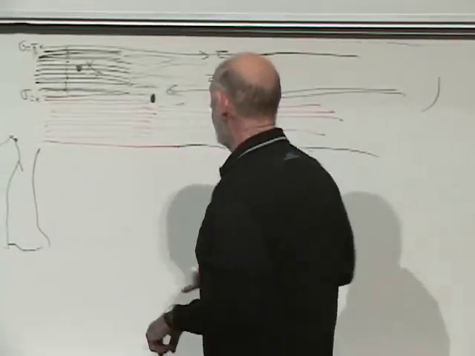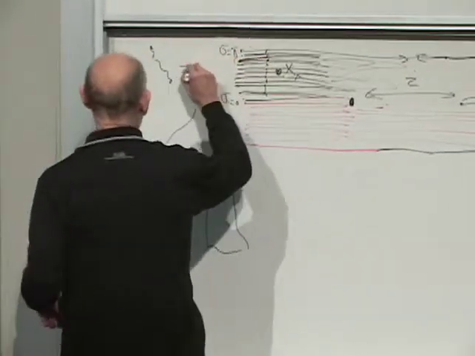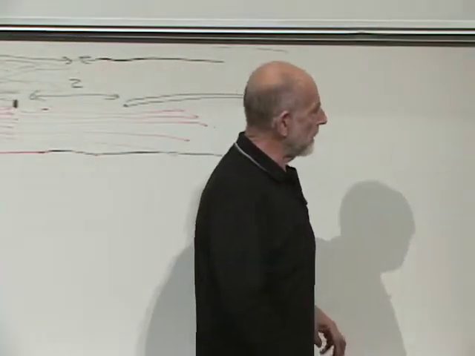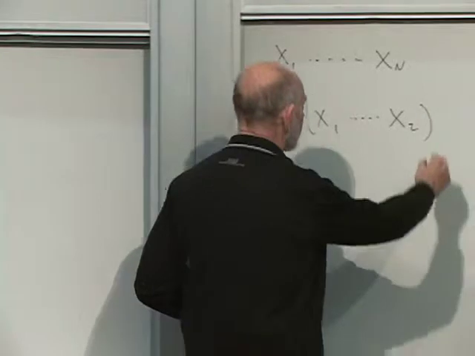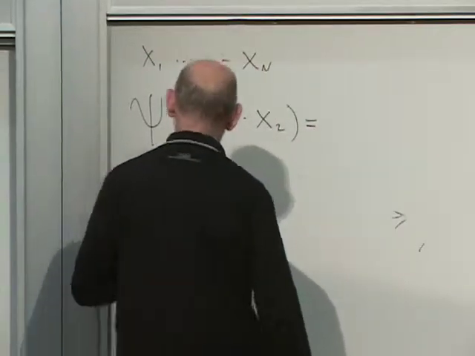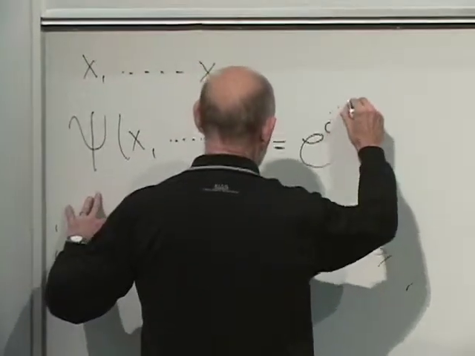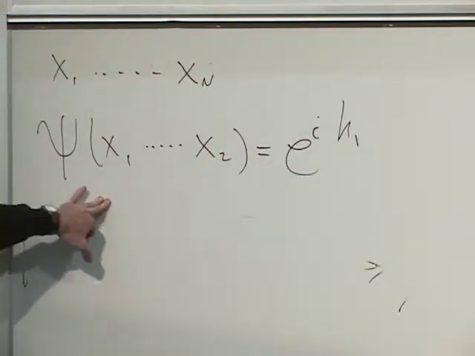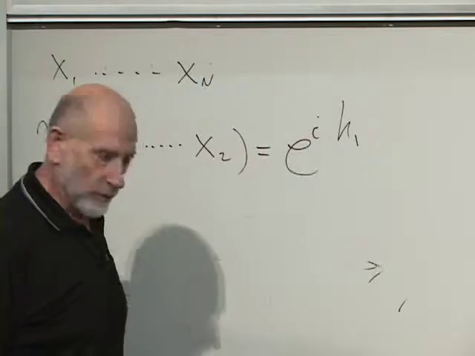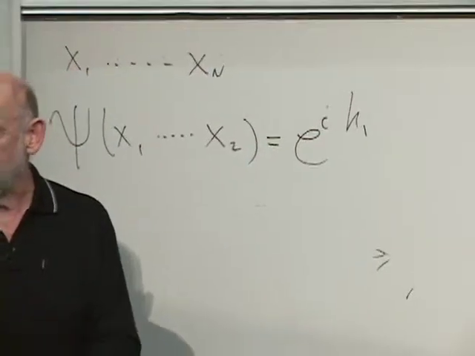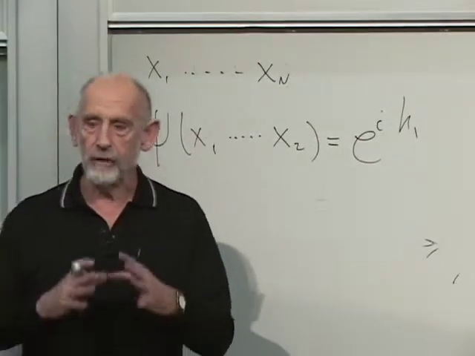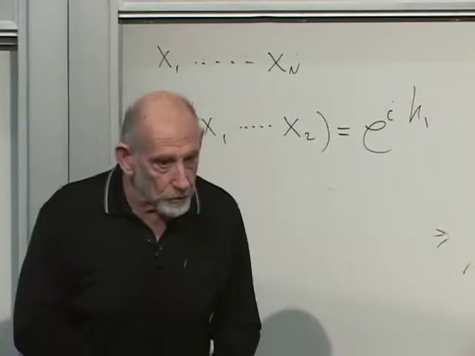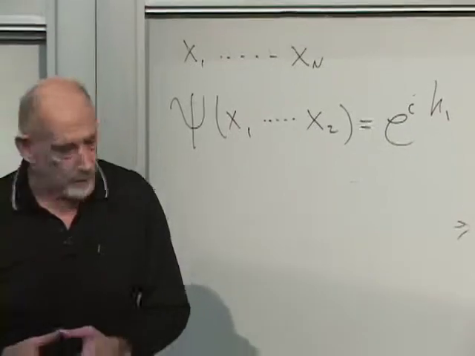Well, the first thing we know about it is that this particle comes in with momentum k1. I'll tell you exactly what that says. That says that this wave function contains a factor, e to the i k1 times the center of mass position. This is the wave function e to the i kx, the wave function of a particle with definite momentum. What momentum do you use? You use the center of mass momentum.